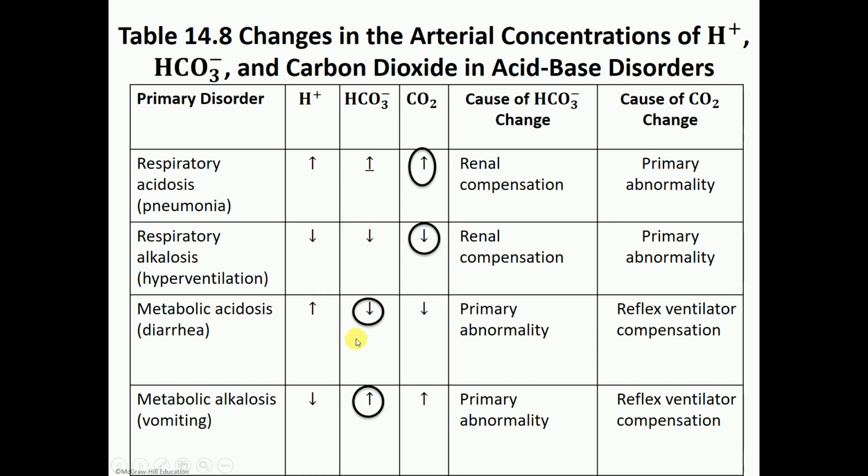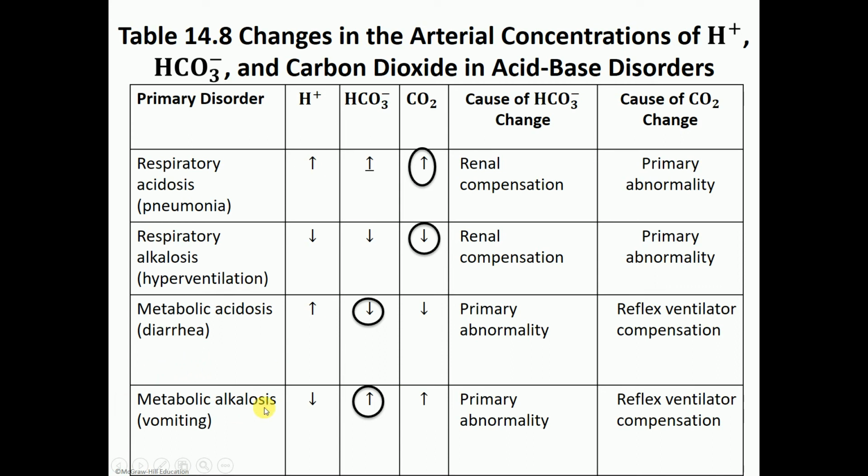So you'll find that the loss of bicarbonate, or low bicarbonate ions, is your primary abnormality. In order to compensate for that and wash away all of that extra hydrogen ions, we will start hyperventilating. So you see here the reflex ventilatory compensation. Again, the hyperventilation that happens because of diarrhea would be in order to maintain that balance.